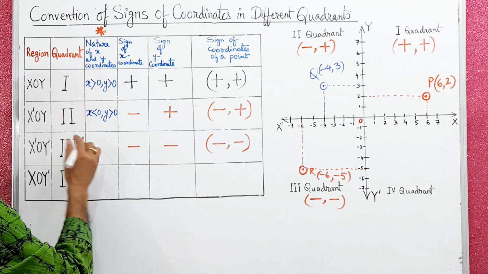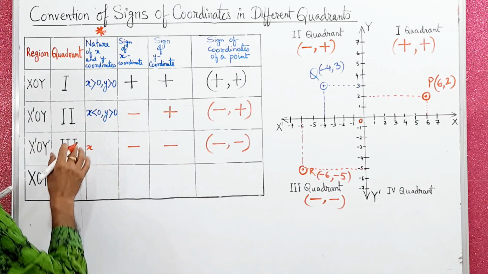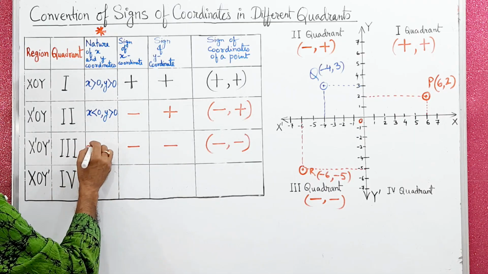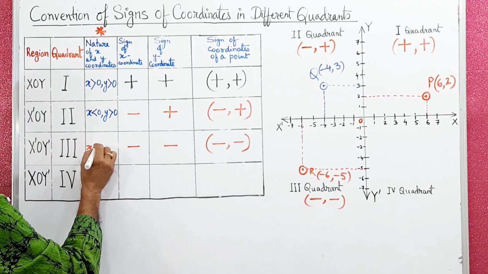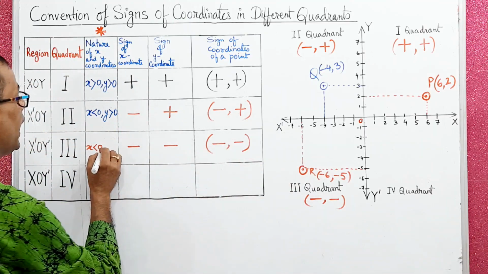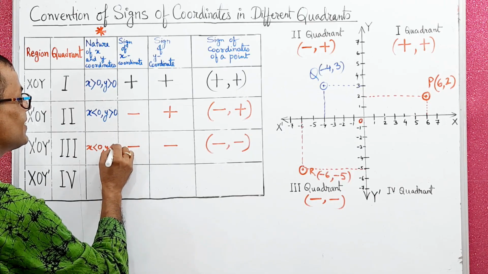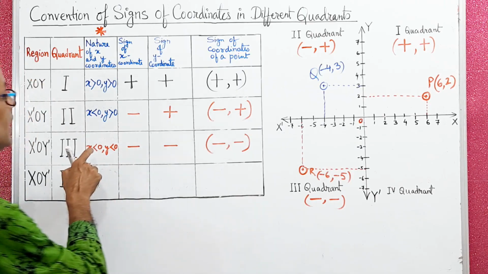The nature, not the value, the nature. I am always telling, it is not value. The nature of x and y: x will be less than 0 because x value is -6. And y is also -5, so that also will be less than 0. So this is the nature.